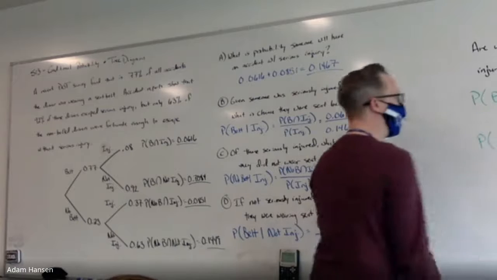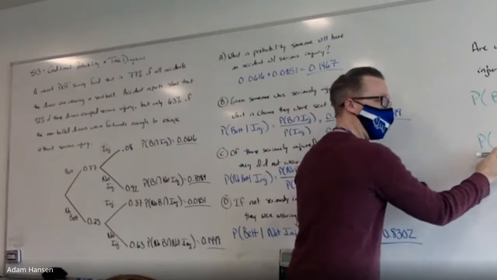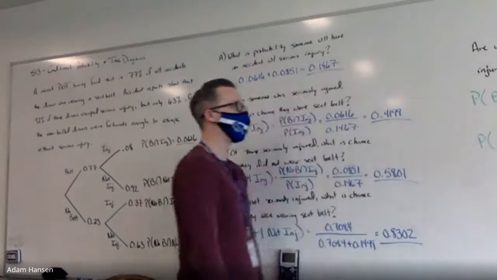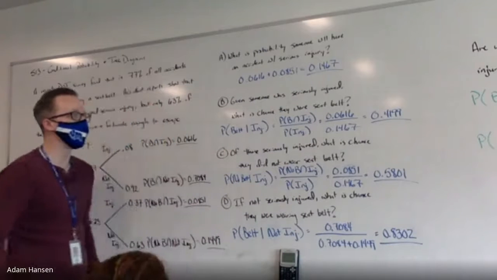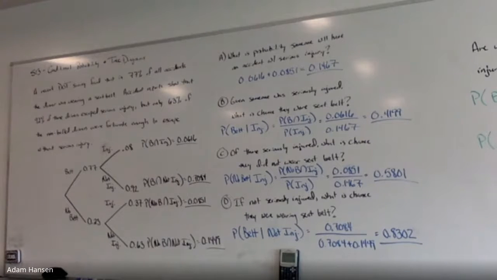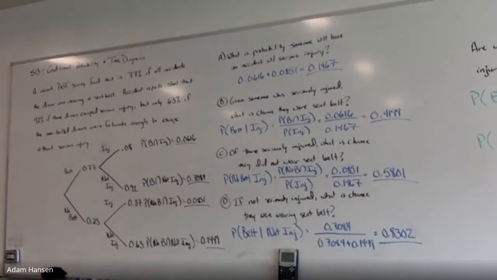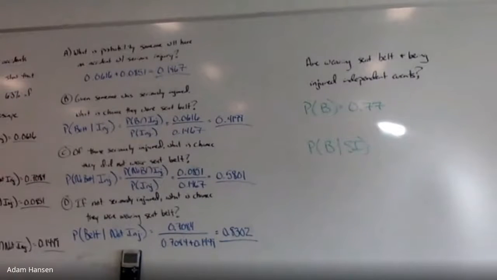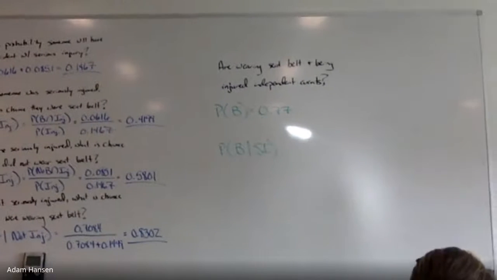Now, given that you were seriously injured, does that have any impact on the chance you were wearing a belt? Let's see if being seriously injured increases or decreases the chance that you were wearing a belt. Do I have that given probability already?